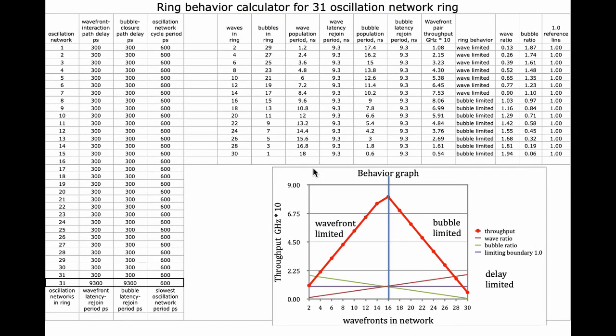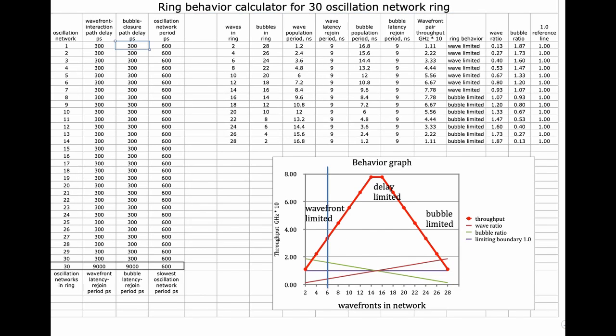There's a 31 oscillation network ring, which illustrates the behavior of an asymmetric ring. And then there's a 30 oscillation network ring, which we've been working with, which corresponds to the demonstration network ring of 30 oscillation networks. Here's the 14 wavefront 16 bubble peak and the 16 wavefront 14 bubble peak.